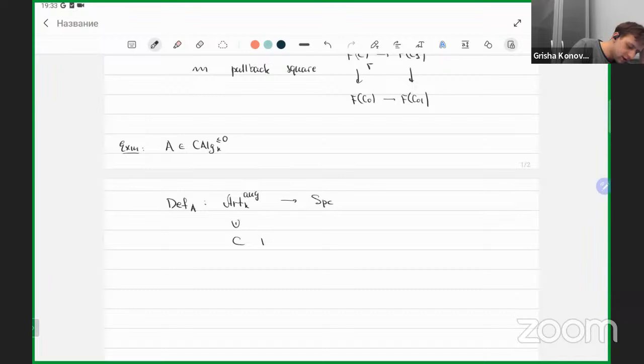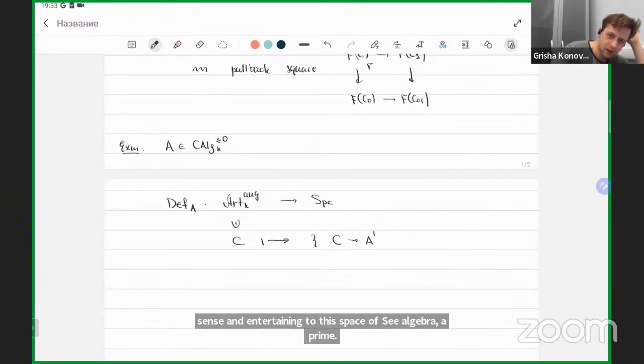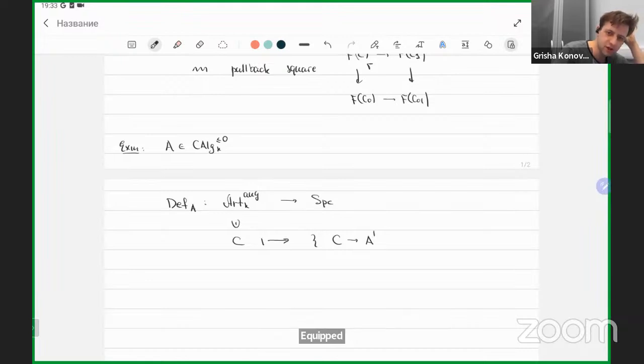It sends an Artinian algebra C to the space of C-algebras A prime equipped with an isomorphism of the fiber over 0 with A.